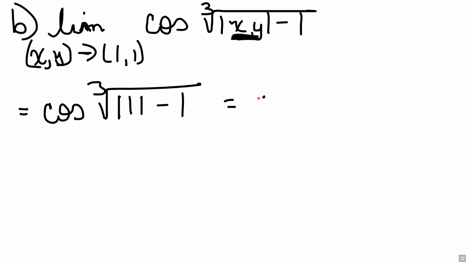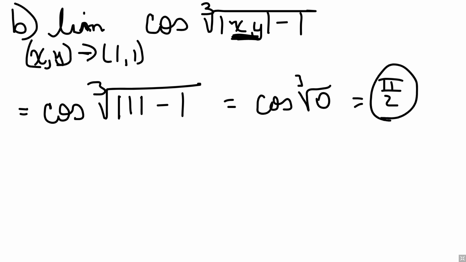Well, really, that's going to be the cosine of the cube root of what? 0. And what's the cosine of the cube root of 0? 1. It's going to be pi over 2. Oh, excuse me, it's not going to be pi over 2.